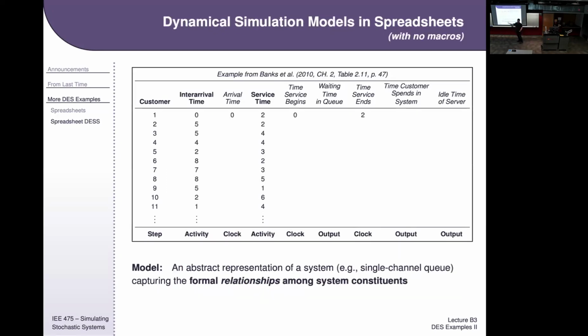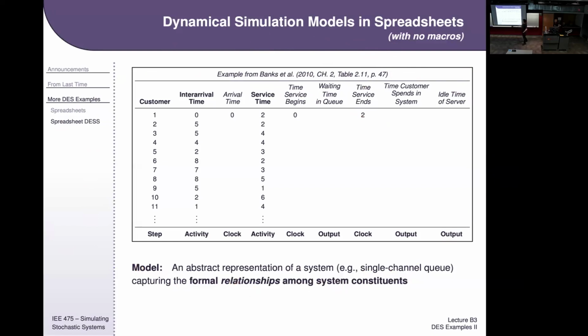So here's an example of how to do that. This is an example of what you'll do in the bonus as well. This comes from chapter 2 in the Banks book, table 2.11, page 47, if you want to look into more details of this. This is how you can imagine starting such a spreadsheet up.